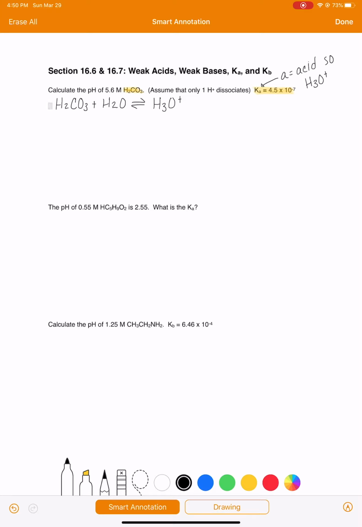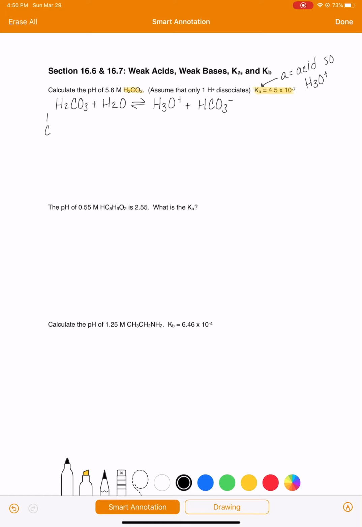Where did the H3O plus come from? It came from moving one of the hydrogens from the acid over to the H2O. So our other product will be HCO3 minus, which is what we get after H2CO3 loses a hydrogen. So step 1, the balanced equation, is done.